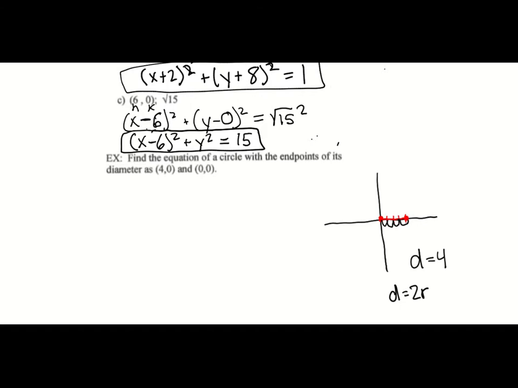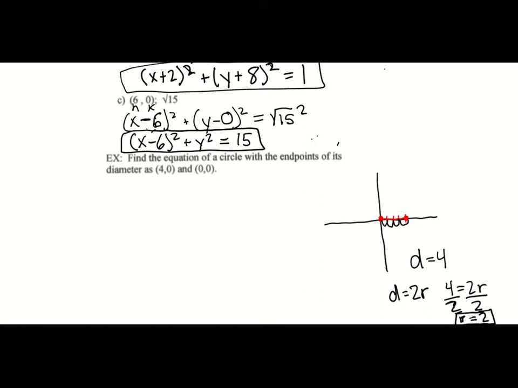So if we want to know what that radius is, plug in 4 for our diameter. We can find out what that r is by dividing both sides by 2. Our r is equal to 2. So that's our first piece of information that we need in order to write the equation of our circle.